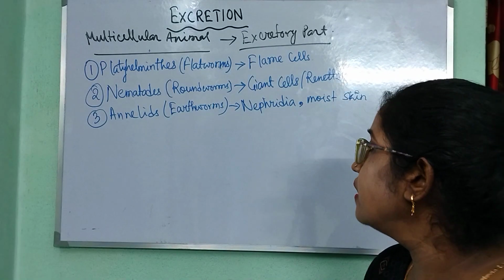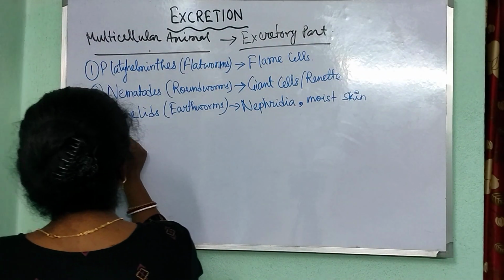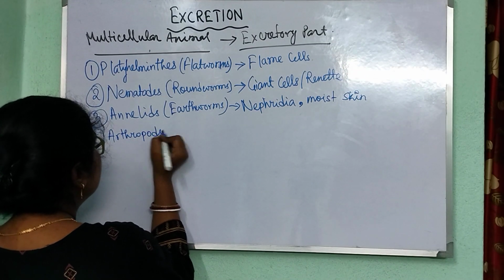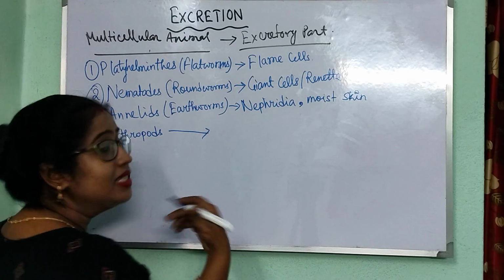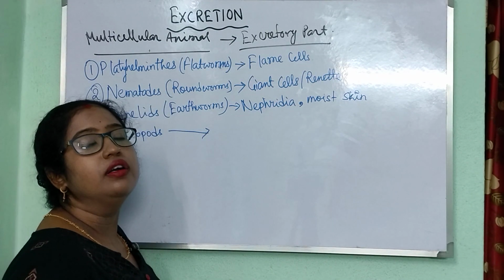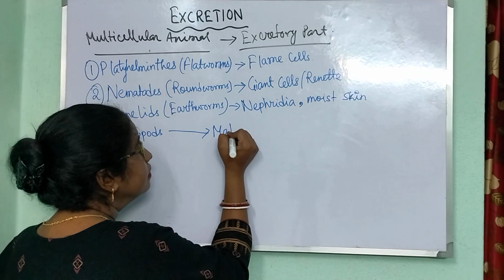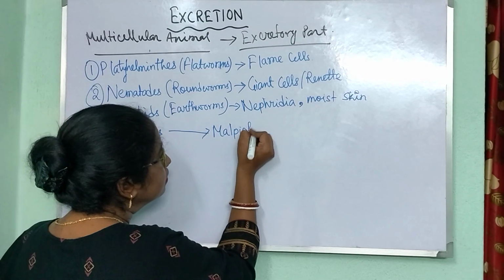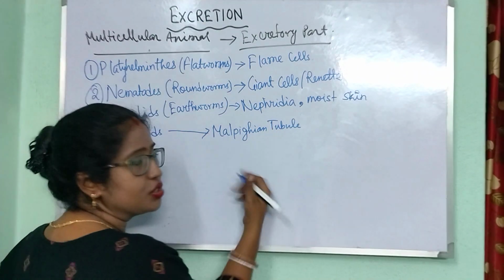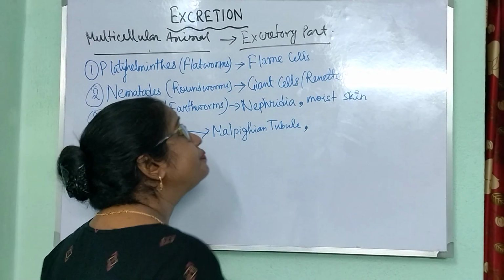The fourth group is the arthropods. The insects and some other arthropods excrete their waste material through Malpighian tubules, which are tube-like structures.